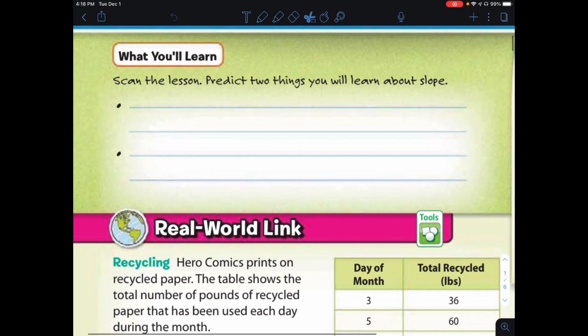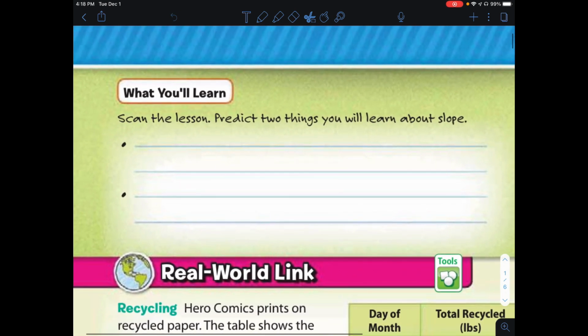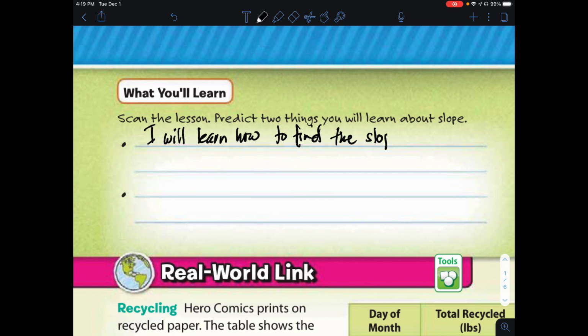Okay, so the two things that we will be learning in this lesson: the first thing is I will be able to learn how to find the slope of a line from a graph.